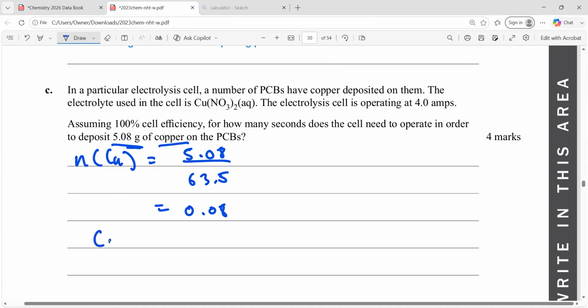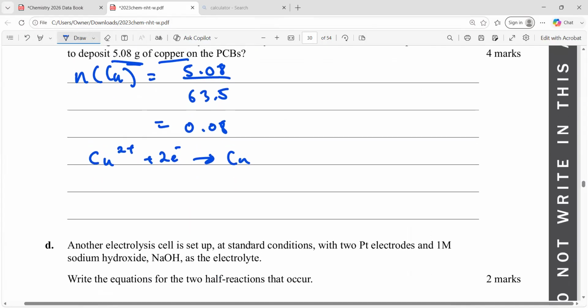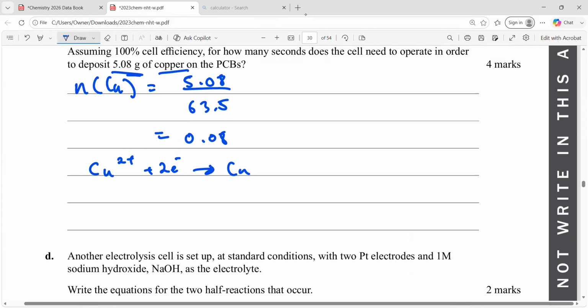Now, this is what's happening: copper 2 plus plus 2 electrons gives copper. There's a 1 to 2 ratio between the copper and the electrons. So the moles of electrons would just be that times by 2. So it'd be 0.16 moles.